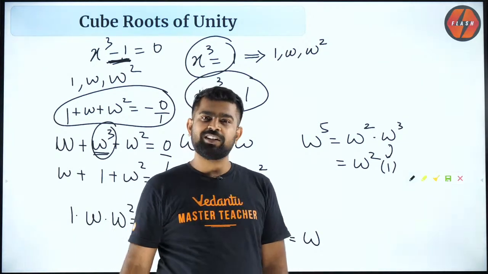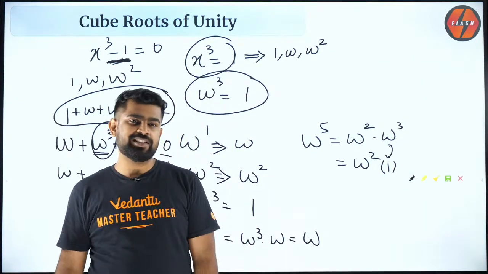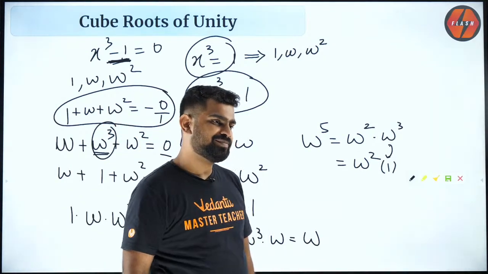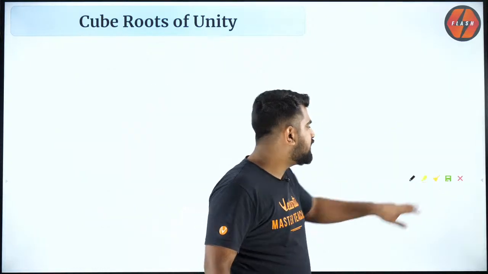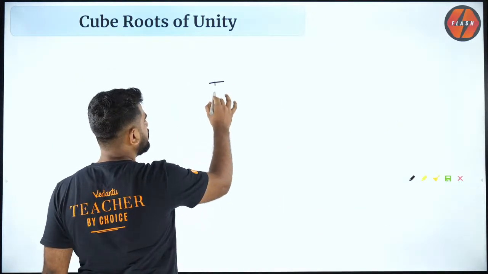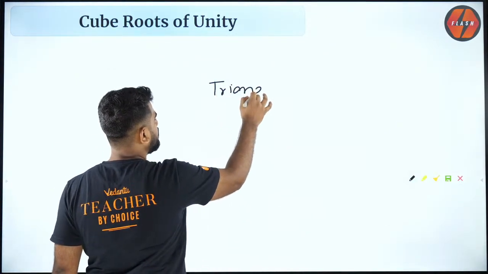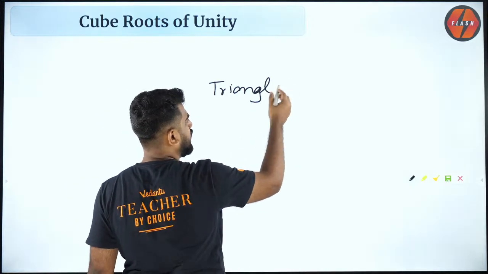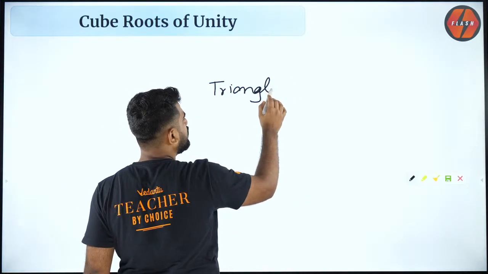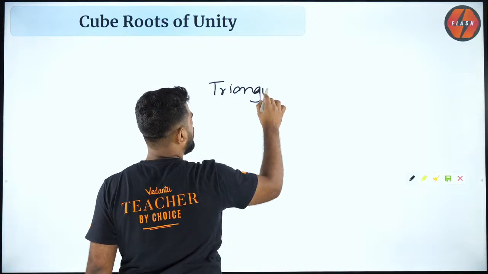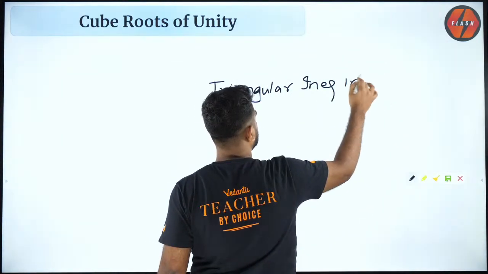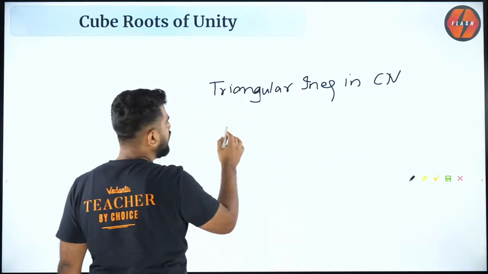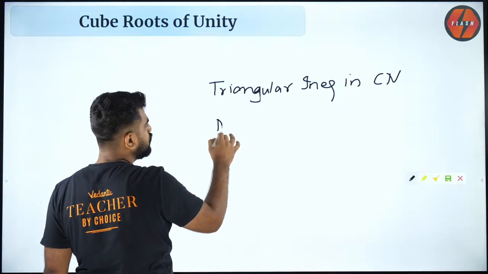So let's wait for it. We will have fun together, slowly and steadily. If you are interested, study that on your own and let me know on Instagram if you have doubts. Triangular inequality, and then nth roots of unity.